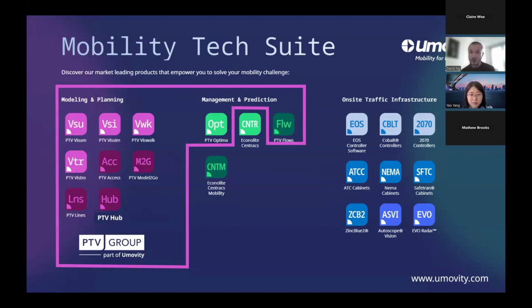And then moving across, we also have on-site traffic infrastructure, now that we have our sister company under Umovity. So we have things like controllers, Cobalt controllers, cabinets, EVO radars for detection, Autoscope vision, and other types of detection.